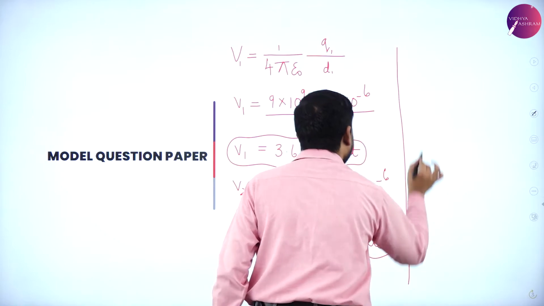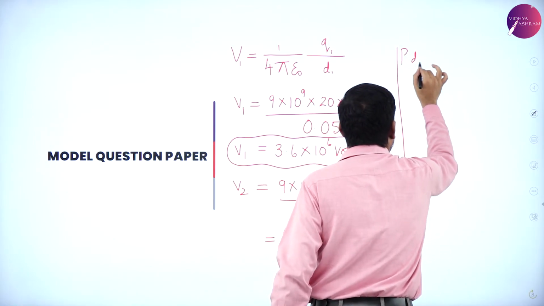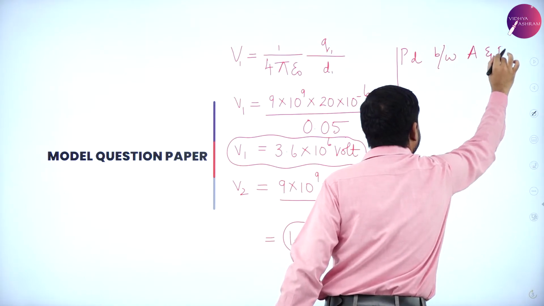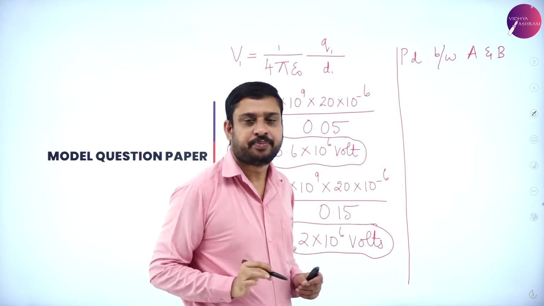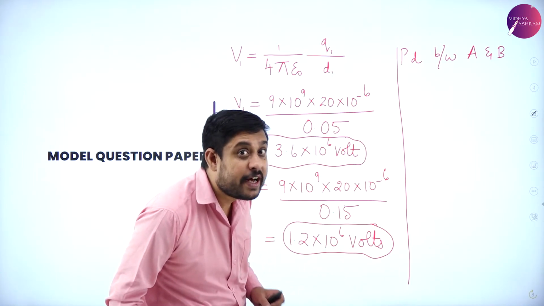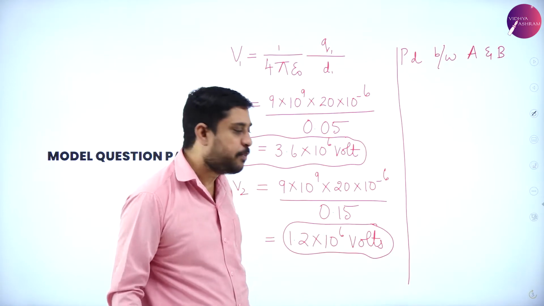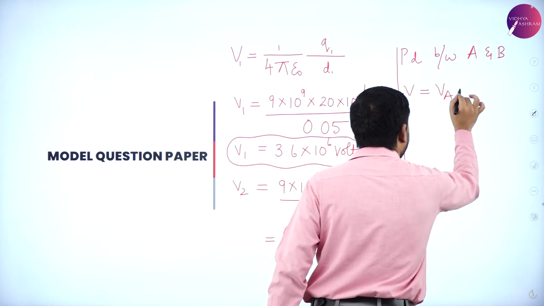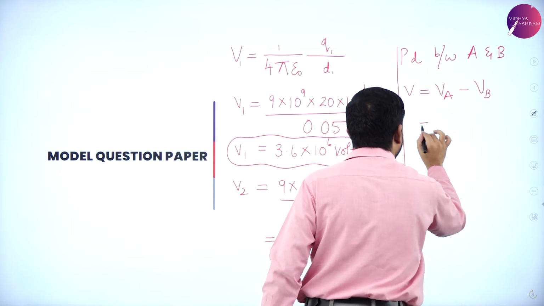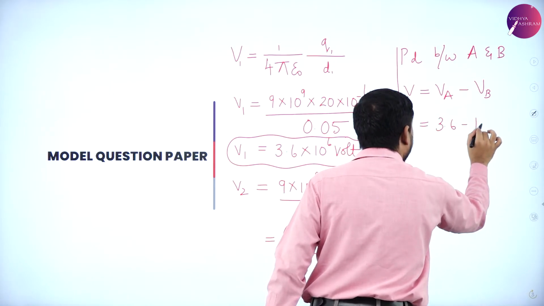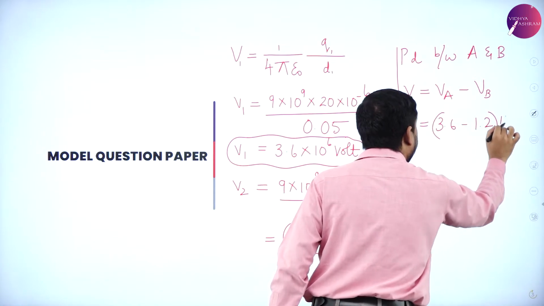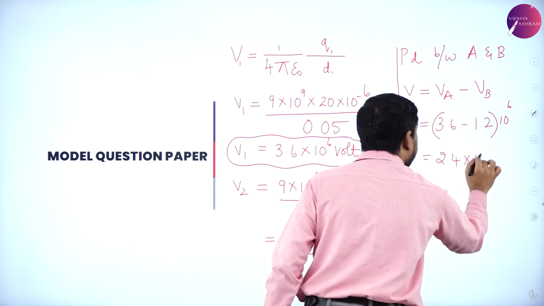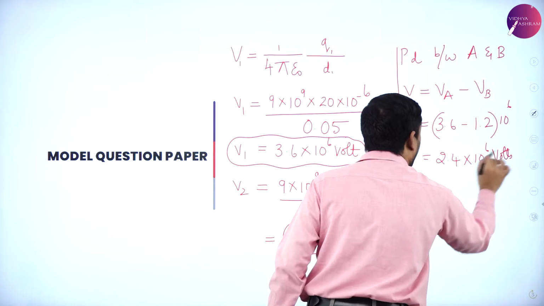Now I'll calculate the potential difference between the points A and B. So this is V, which is VA minus VB, 3.6 minus 1.2 into 10 power 6, which is 2.4 into 10 power 6 volts.